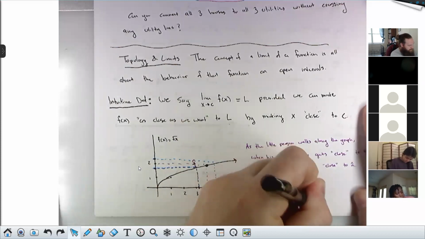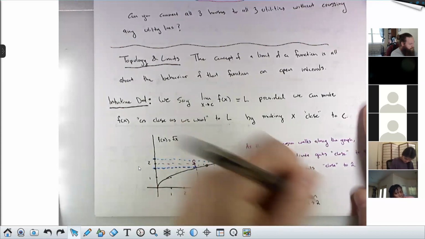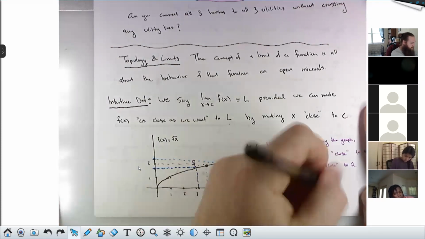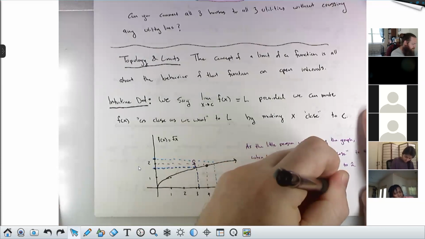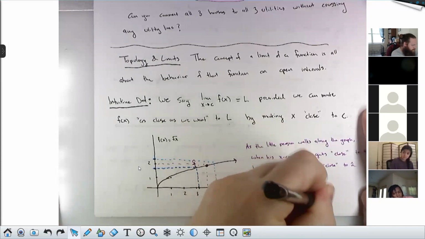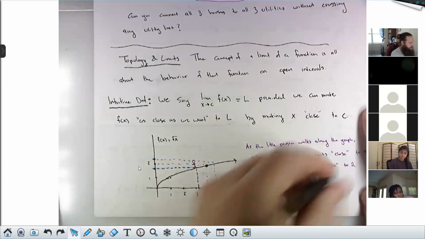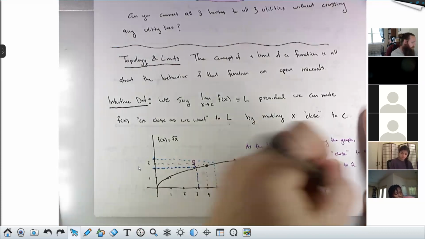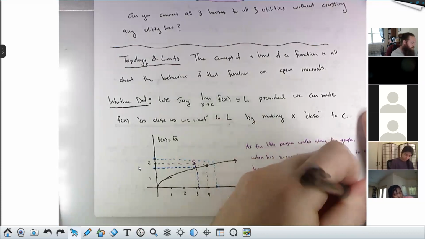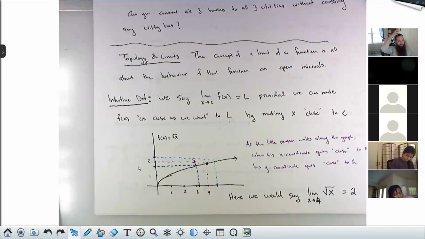That the limit as x approaches 4 of my function, which is the square root of x, is equal to 2. As my x values get closer and closer to 4, my y values get closer and closer to 2. Really nothing magical going on there.